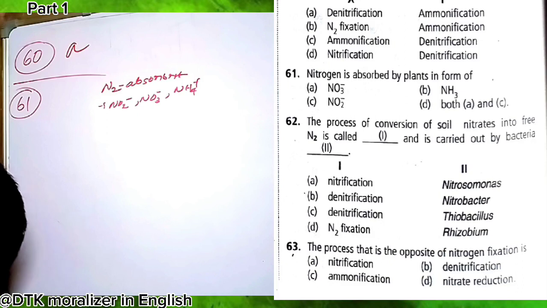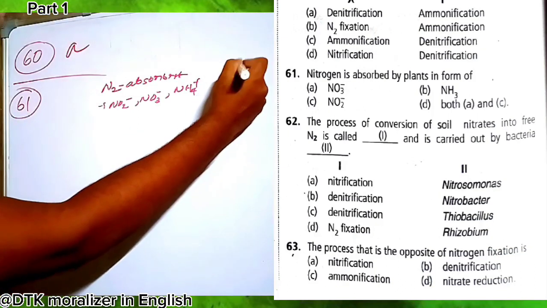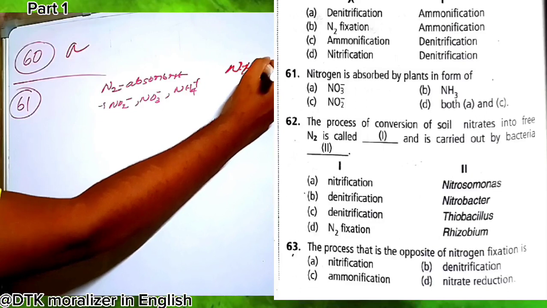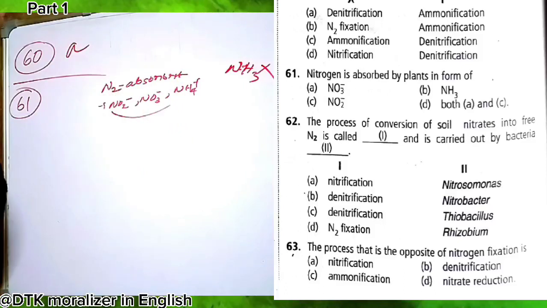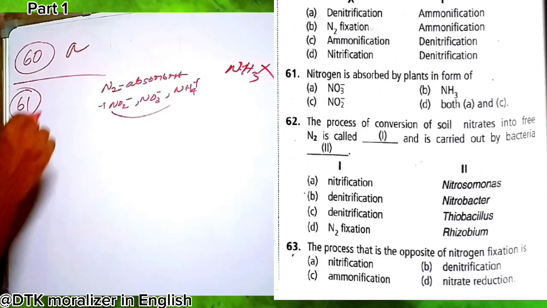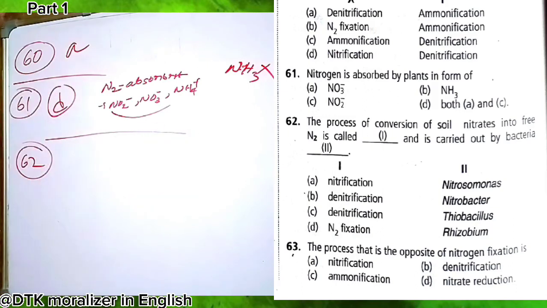So option D, both A and C. Here NH3 is not taken, so not absorbed. So these are absorbed by plants. So option D.